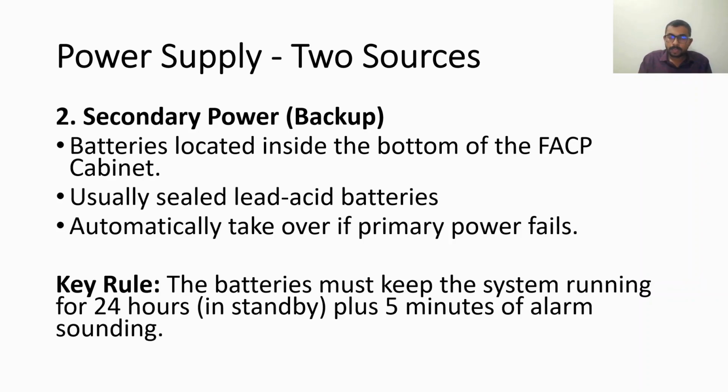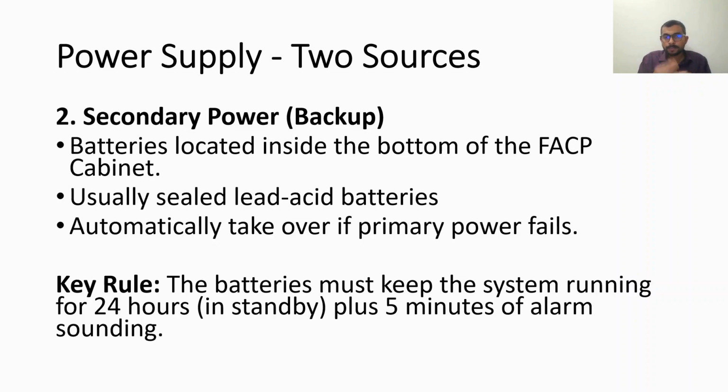Normally the batteries which we install inside the panel are sealed lead acid batteries. So how is the operation of this? As I said before, the actual power is coming from the building distribution board, that is 240-volt or 120-volt.